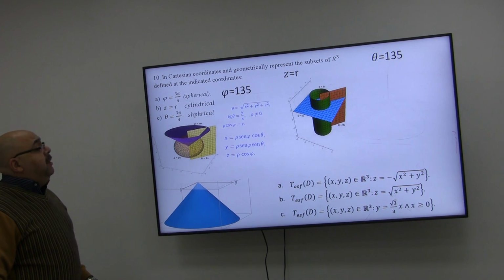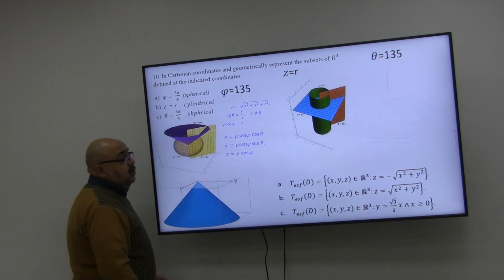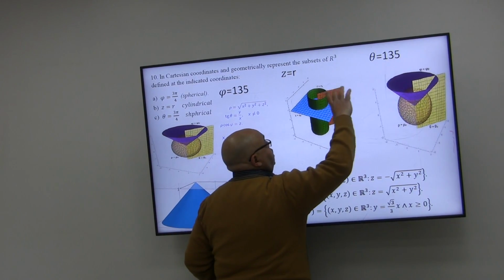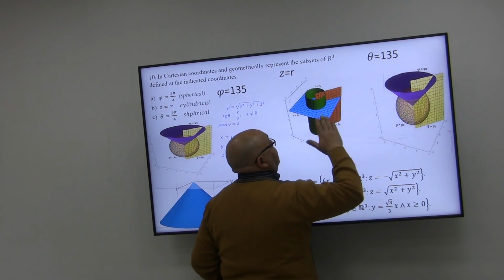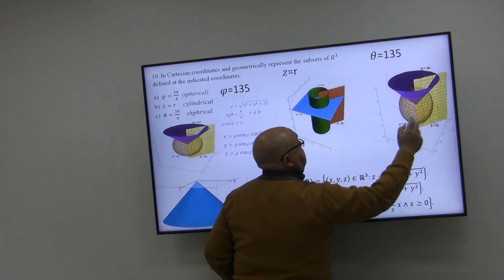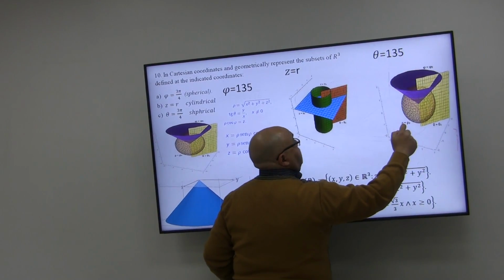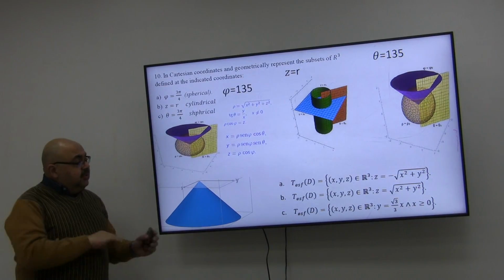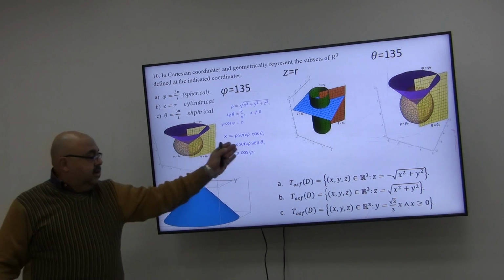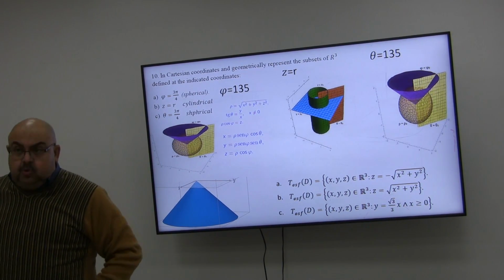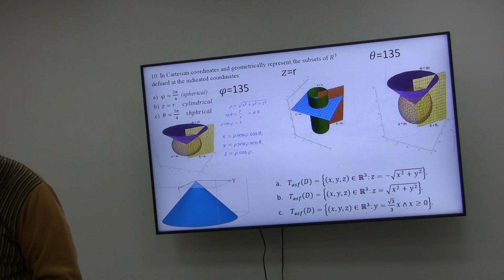But if I'm talking about theta in spherical coordinates, which is 135, it's going to be the shape of a plane, exactly like the cylindrical. So that's theta equal to a certain value, that's rho equal to a certain value, and that's the phi. By the end of this slide, these are the descriptions of the angles, just making the substitutions in the relations.